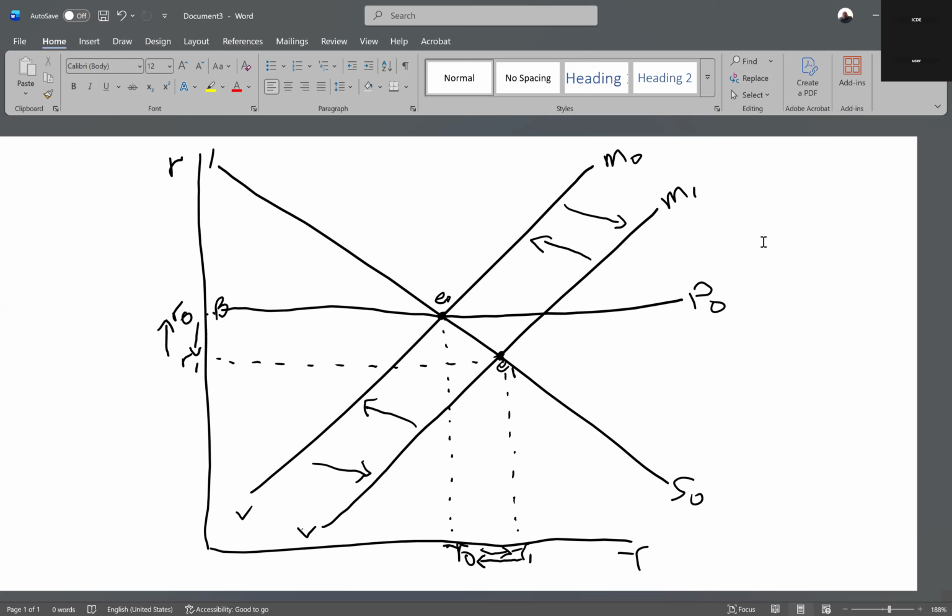Under flexible exchange rate regime, monetary policy is always effective, and under fixed exchange rate regime, fiscal policy is the one that is effective. Here we are dealing with monetary policy under fixed exchange rate regime, and we've realized that monetary policy is not effective. You get it? Yes, sir.